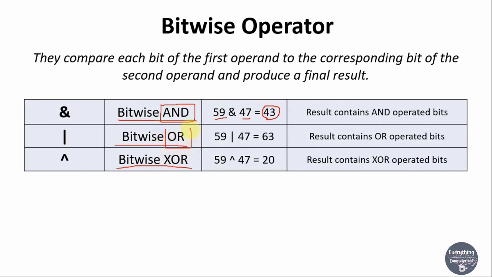The bitwise OR operator performs the logical OR operation on the corresponding bits of the operands, like 59 or 47 gives 63. The bitwise exclusive OR performs the logical XOR operation, or you can say the logical exclusive OR operation, on the corresponding bits of the operands. So 59 XOR 47 gives 20.